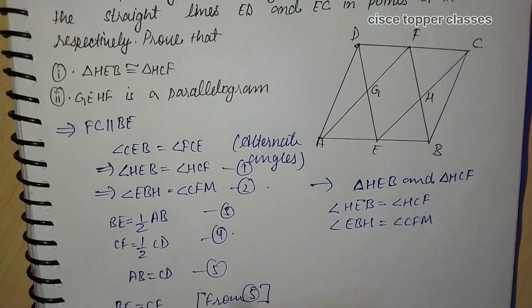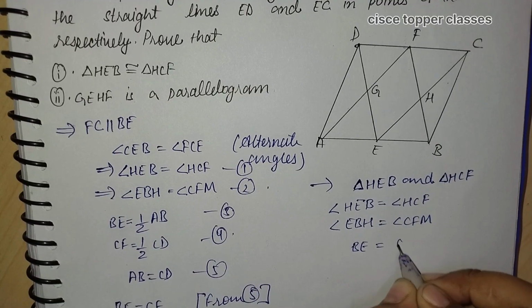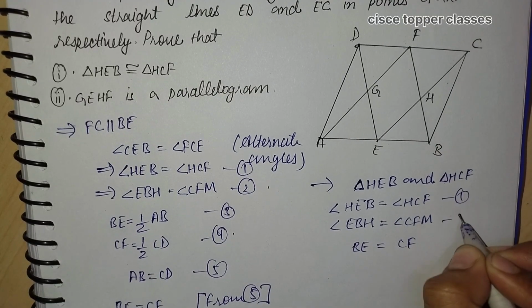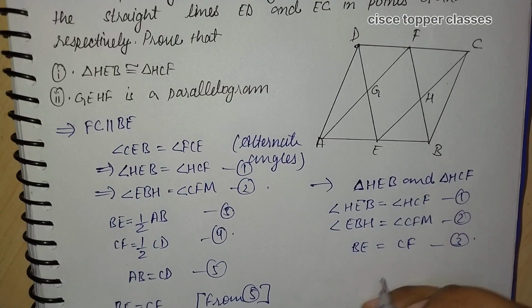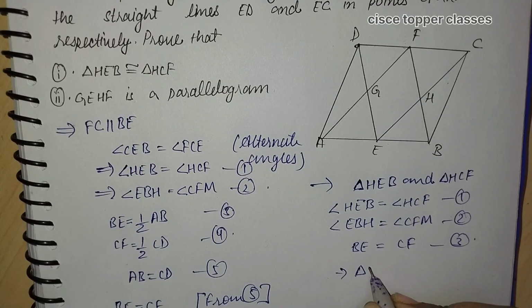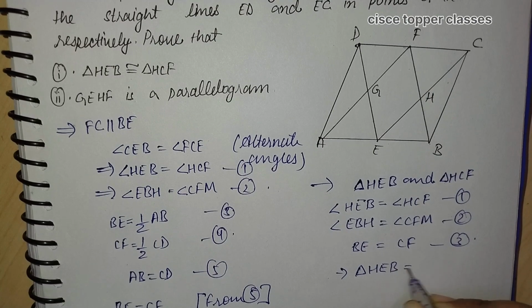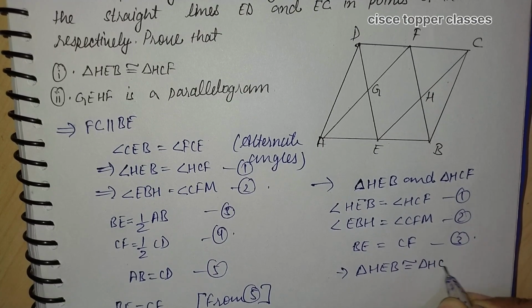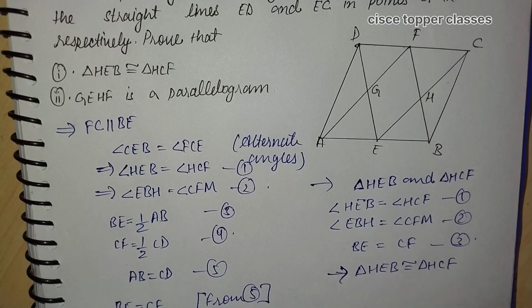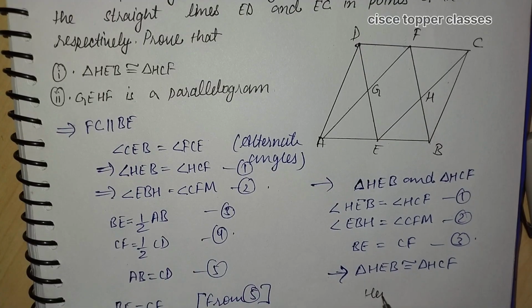Now the third thing is here BE is equal to CF. From these first, second and third things, we can simply prove that triangle HEB is congruent to triangle HCF. This is only what we have to prove in this question. So we can write hence proved from here in the first part.